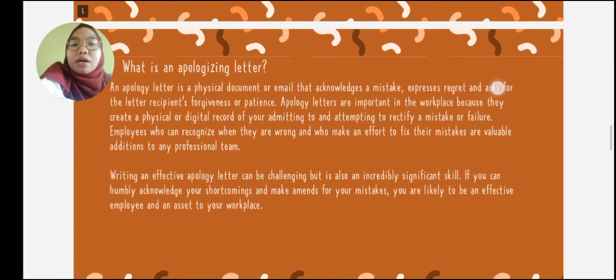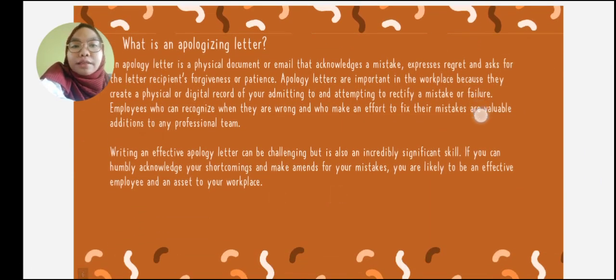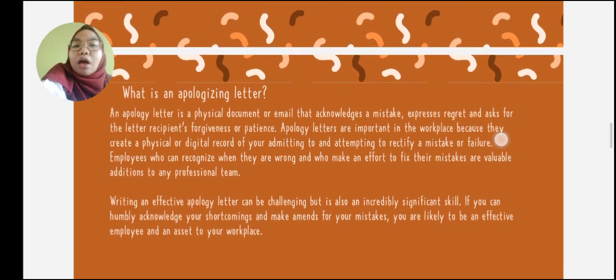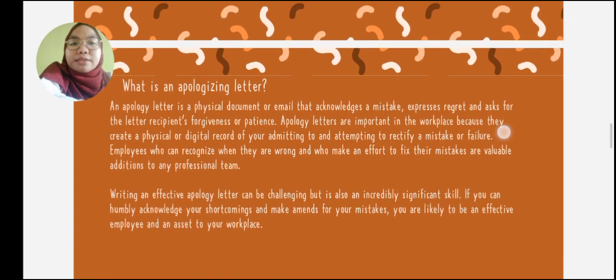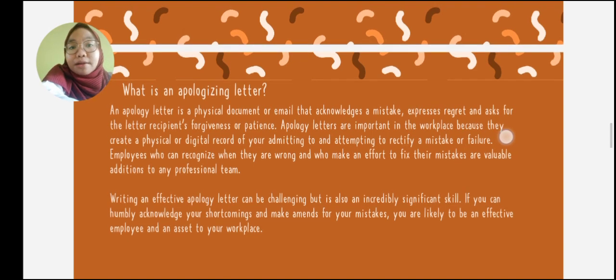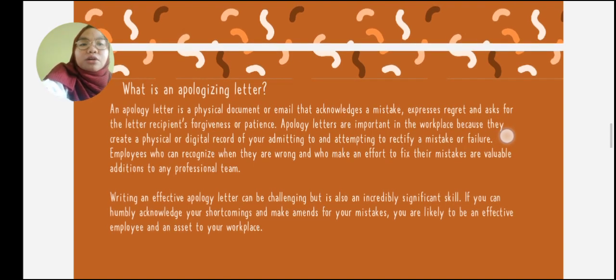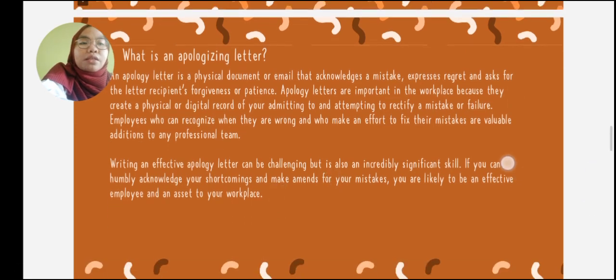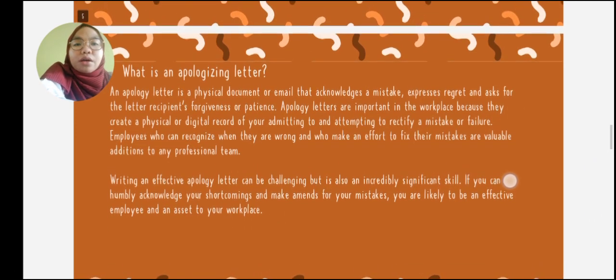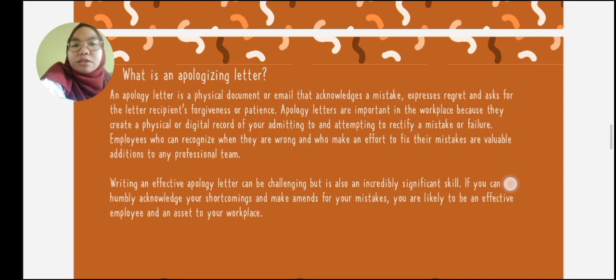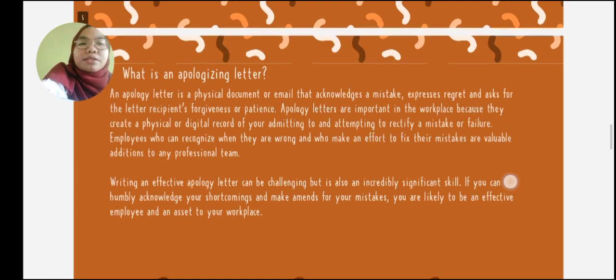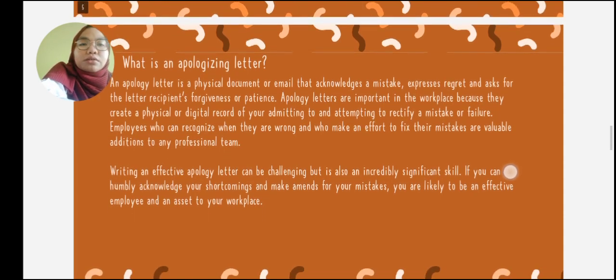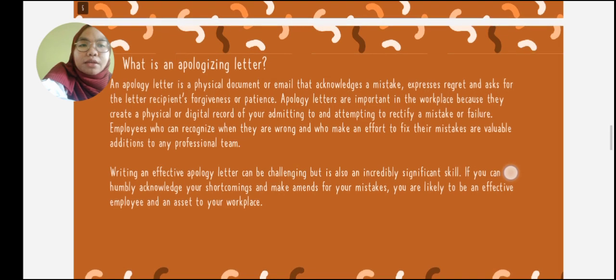What is an apologizing letter? An apologizing letter is a typical document or email that acknowledges a mistake, expresses regret, and asks for the recipient's forgiveness.